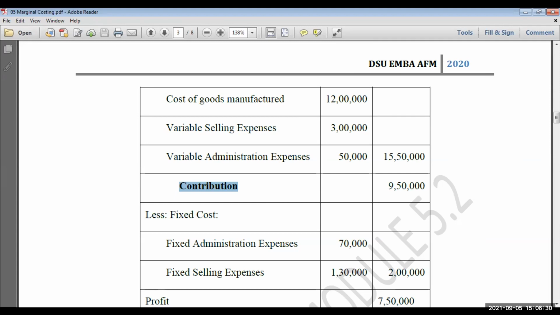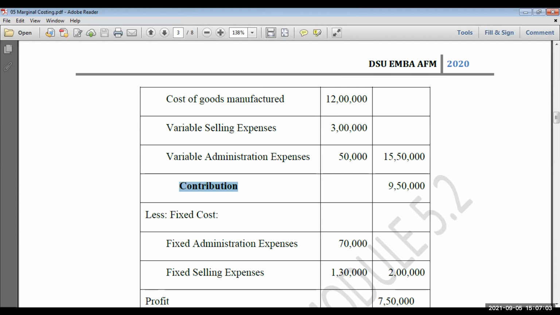Suppose the total cost to produce 10,000 units, including variable cost and fixed cost, is 1 lakh. If I produce 10,000 and one more unit, the 10,001st unit, what is the change in the existing total cost from 1 lakh to 1 lakh 100 rupees or 1 lakh 50 rupees or 1 lakh 20 rupees?